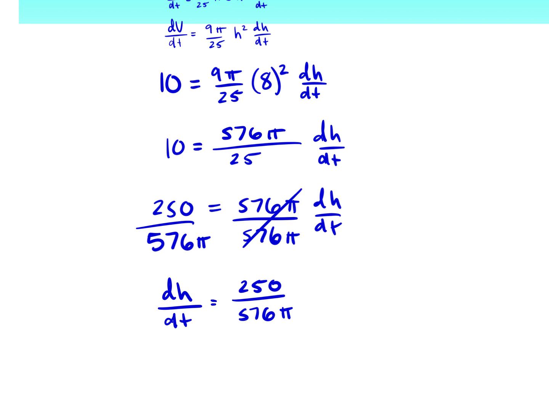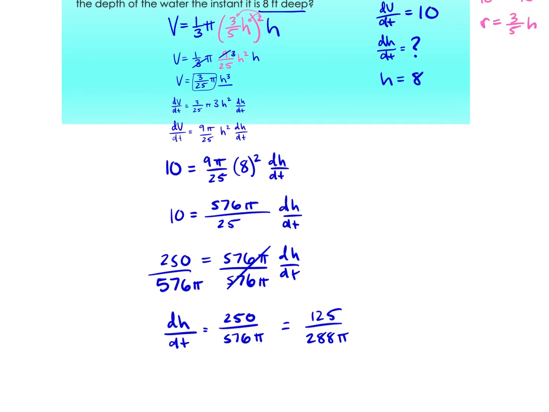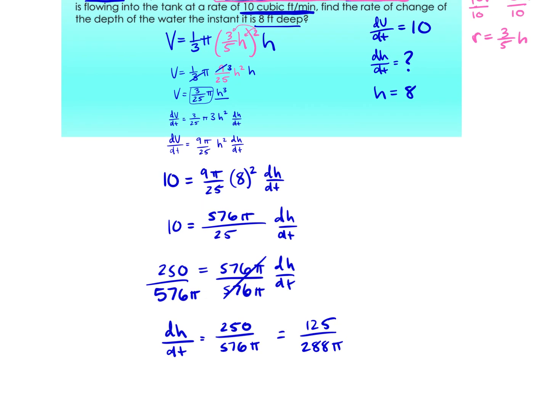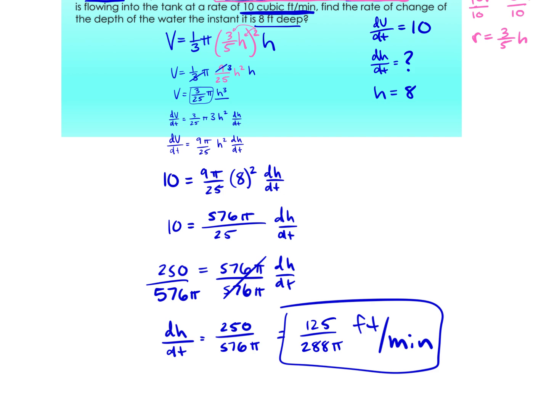We can simplify this. I think we can just divide it by 2. So 125 over 288 pi. What would our unit be here? What's our unit? So this is just how the height's changing, so it'd just be feet per minute.